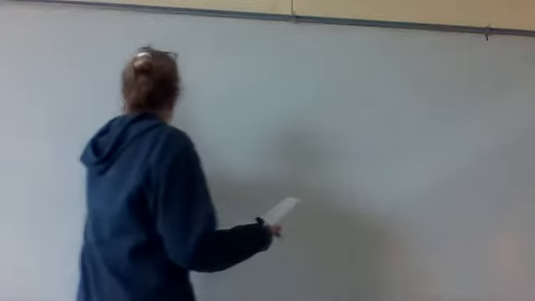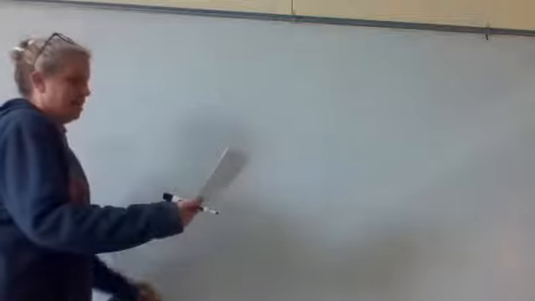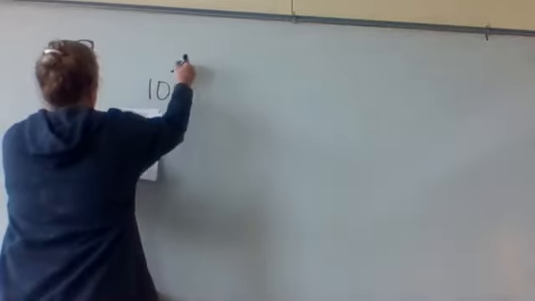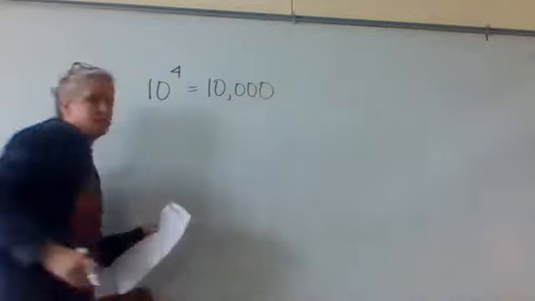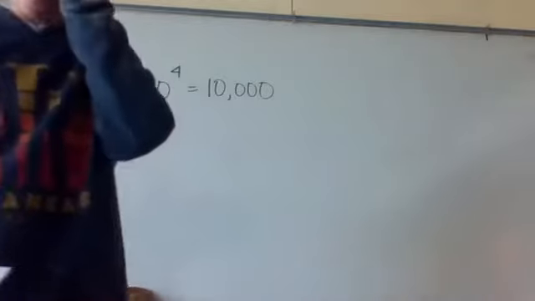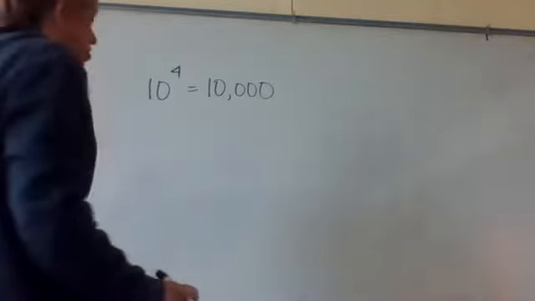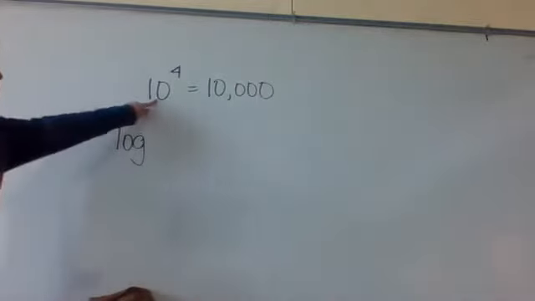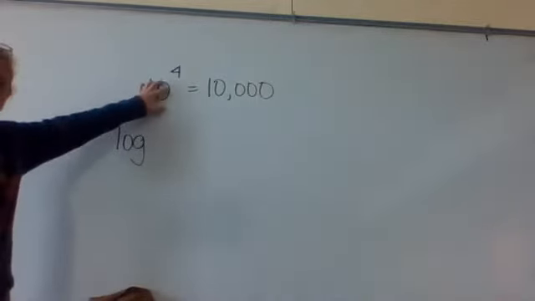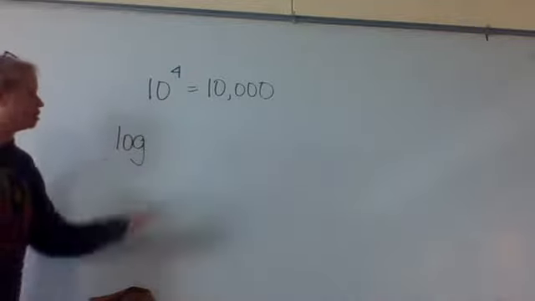Number 10 says convert to a logarithmic equation. You've got 10 to the 4th power equals 10,000. Now remember, when you are converting from exponential to log, first thing is you're going to have log. Whatever the base, right? We call this the base of the exponential expression.